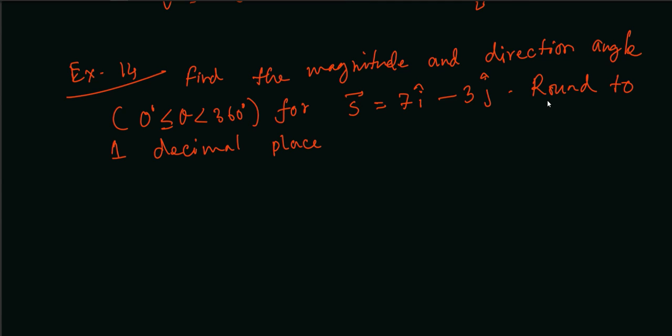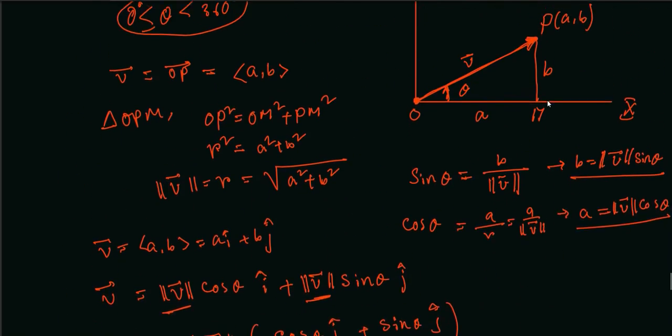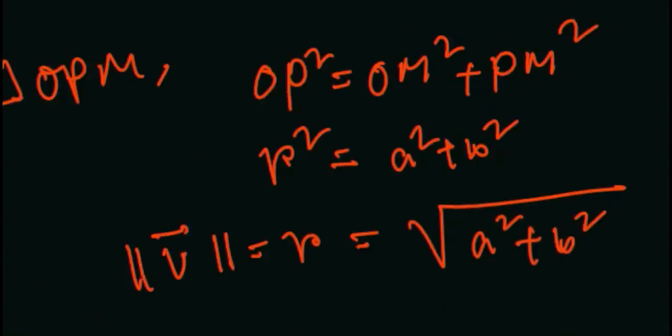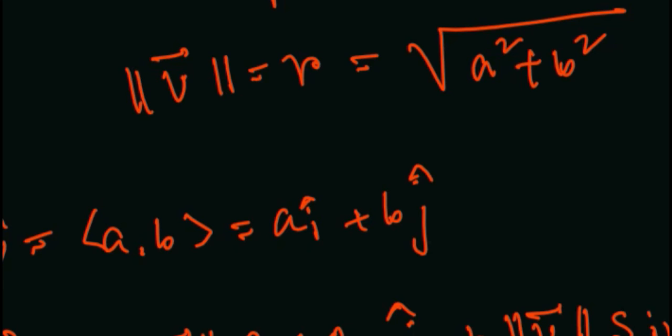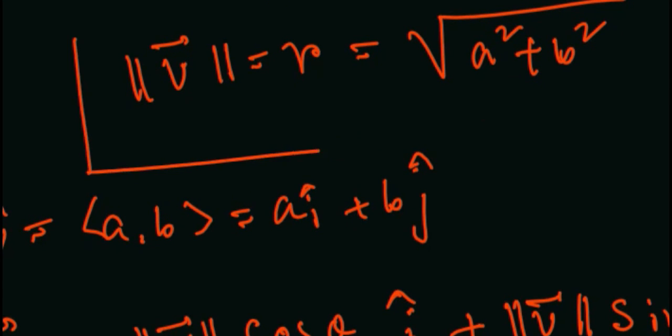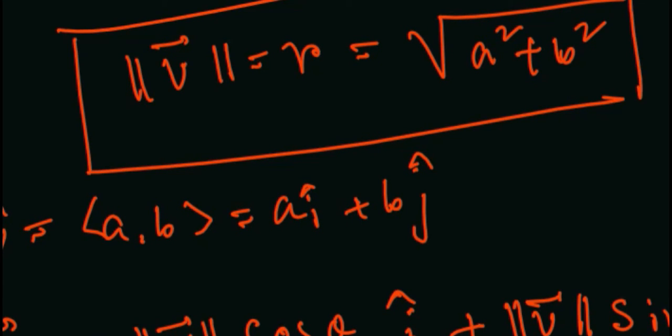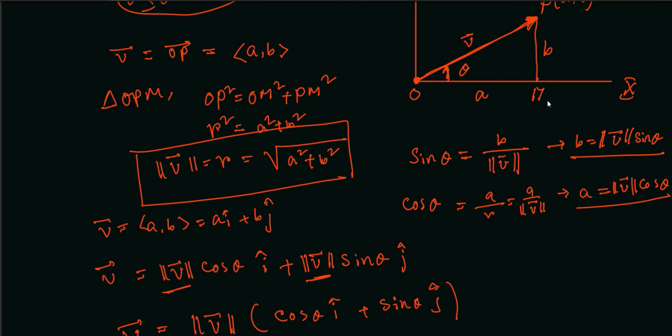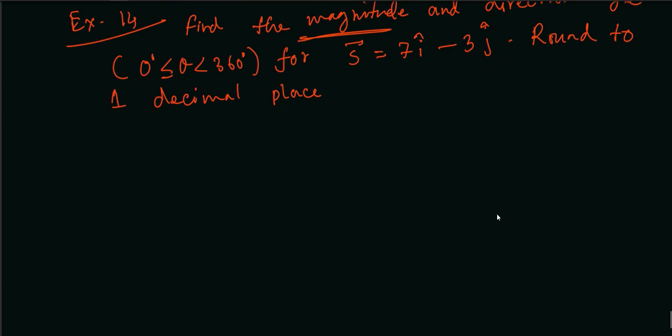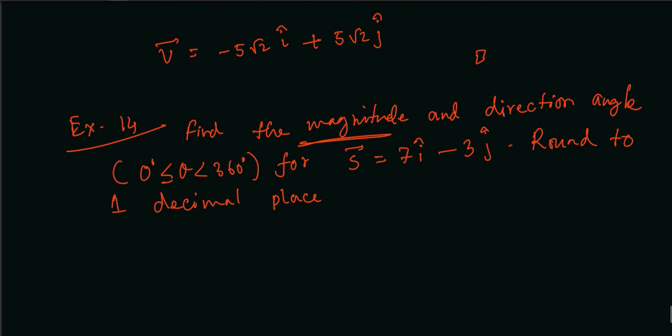So first of all, we have to find the magnitude, and we have seen the formula here. The magnitude is defined as square root of a squared plus b squared. So the magnitude of the given vector, note here, a equals 7, b equals negative 3.